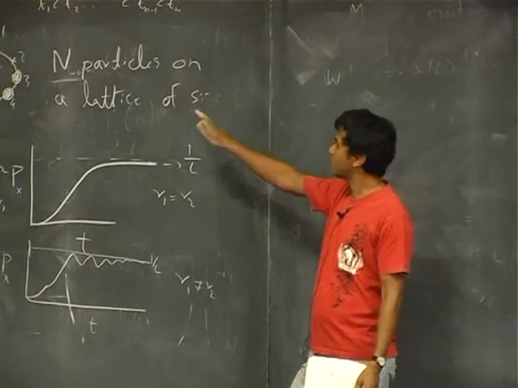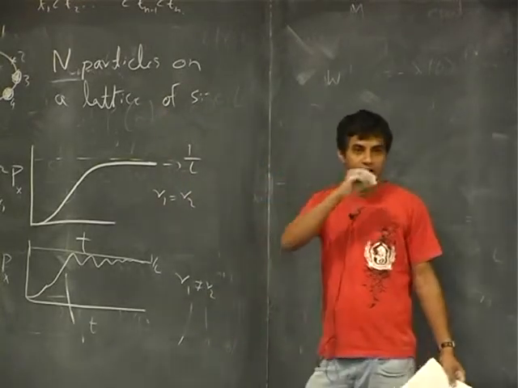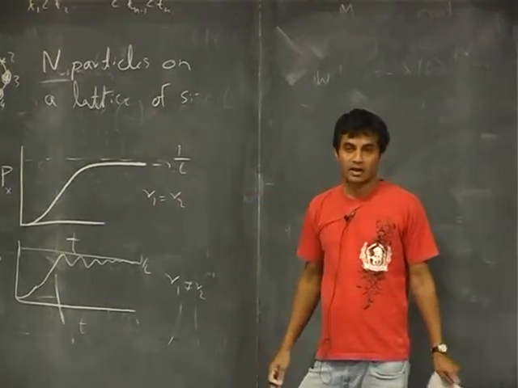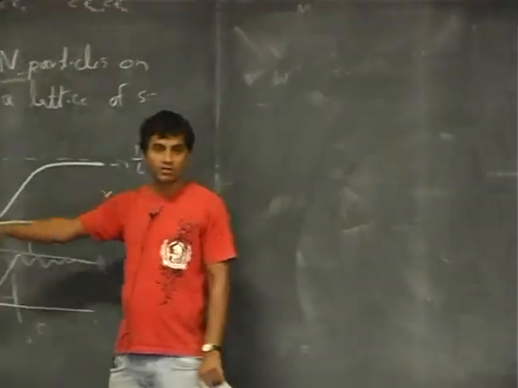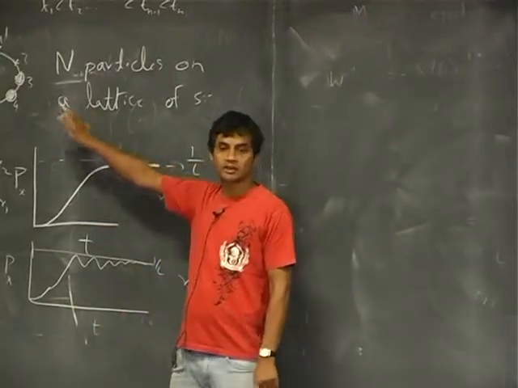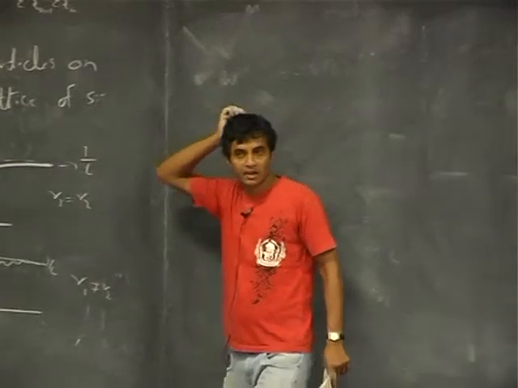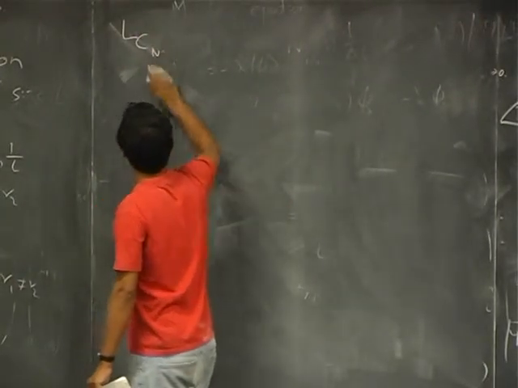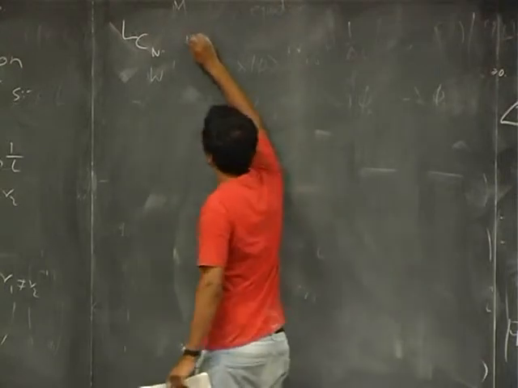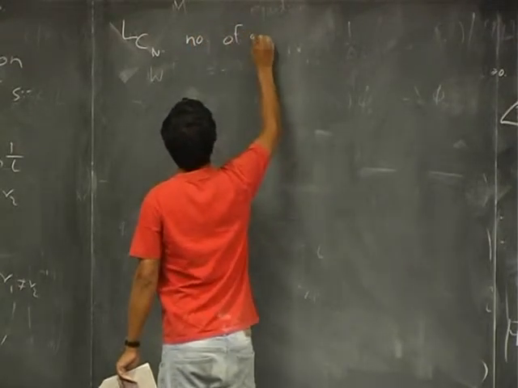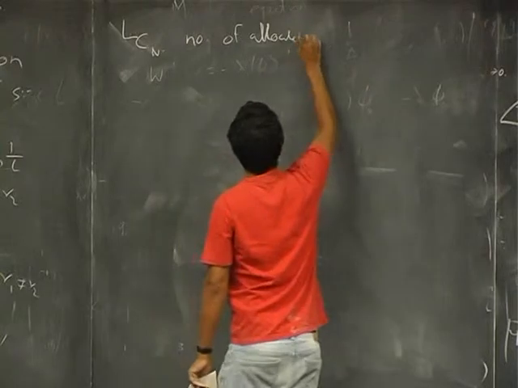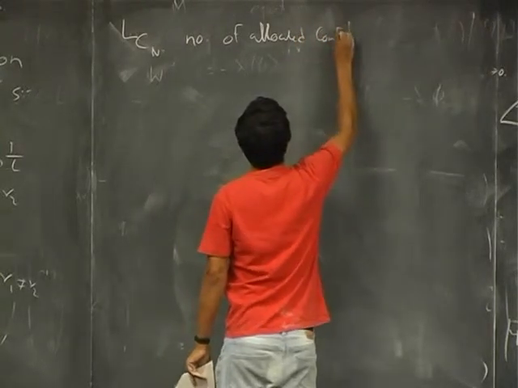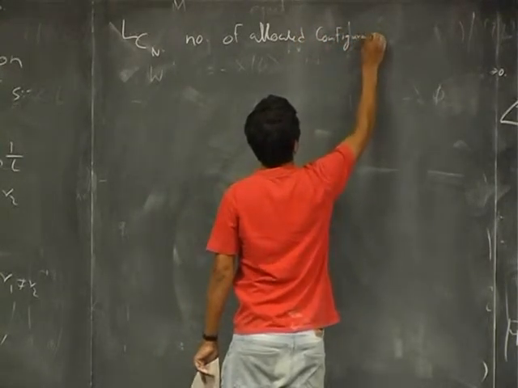So we have n particles on lattice L. How many allowed configurations are there? Here there were only L allowed configurations. Now in this case, what is the number of allowed configurations? LCN, right? So that's the number of allowed configurations.